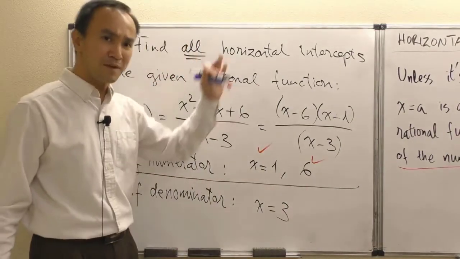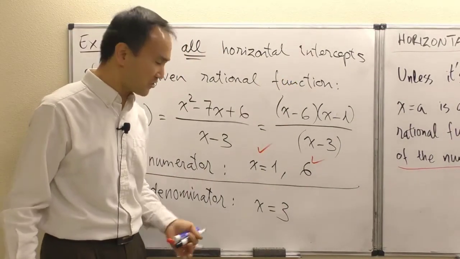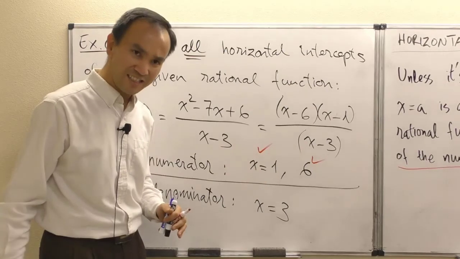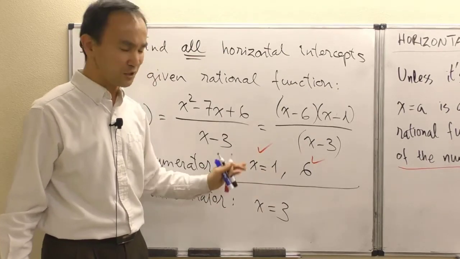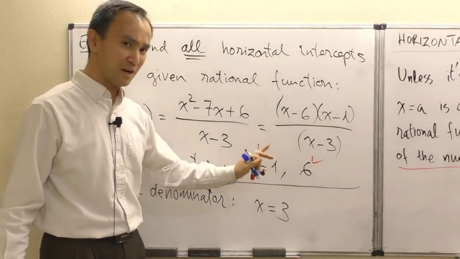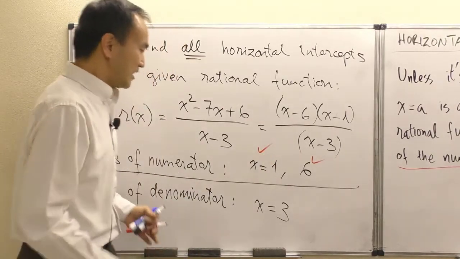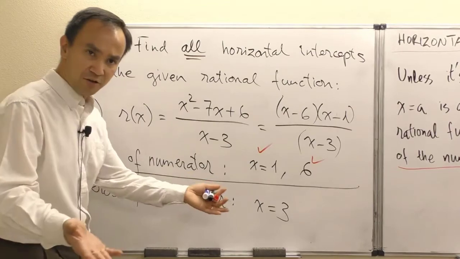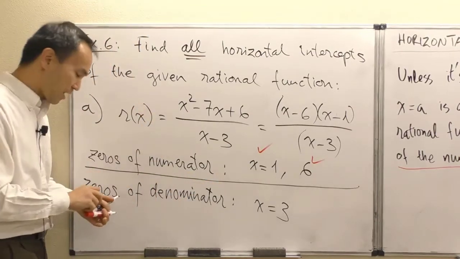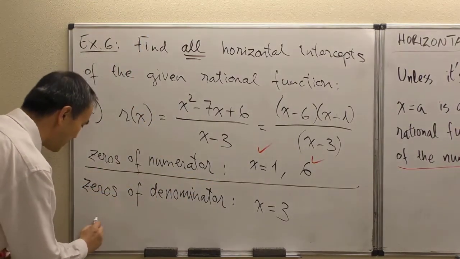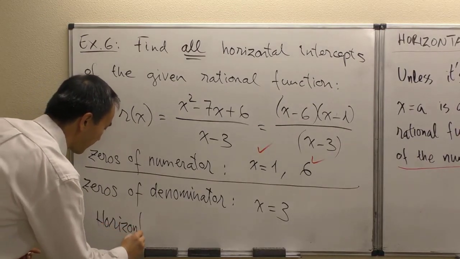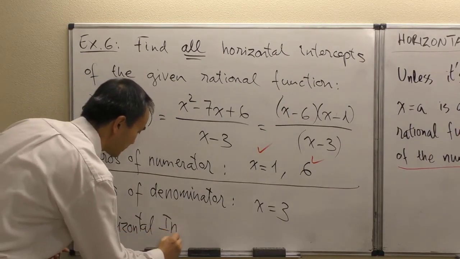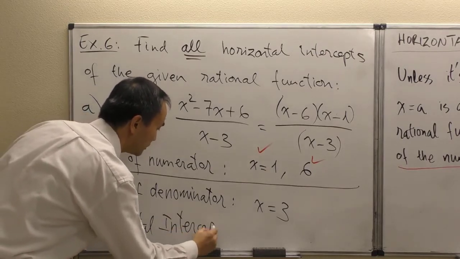The method is already introduced in that generalization, but this is just how I approach it, and it made things crystal clear for me when I was a student doing this. So now we make our final conclusion for this problem. As far as horizontal intercepts, this time we found 2.